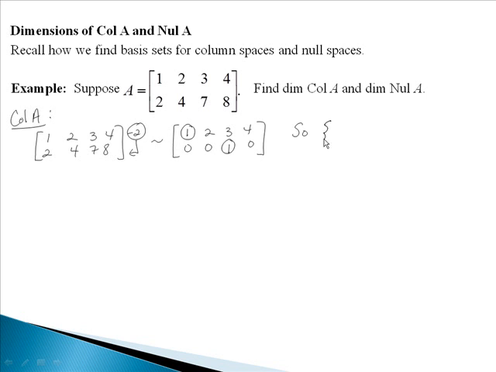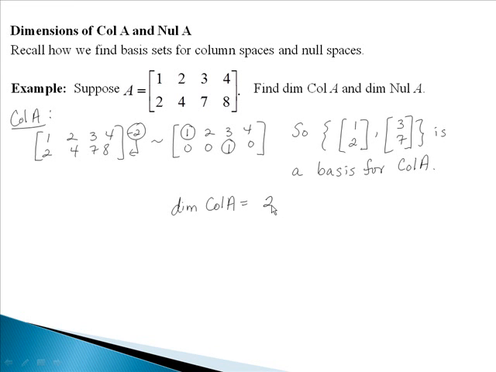So then our basis set would be the set from our original matrix containing the first column of A and then the third column of A. And this is a basis for the column space of A. And since that's a basis, we know then that the dimension of the column space of A is equal to 2, since there are two vectors in our basis.